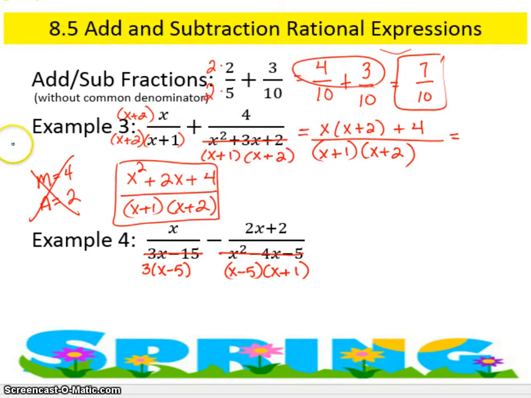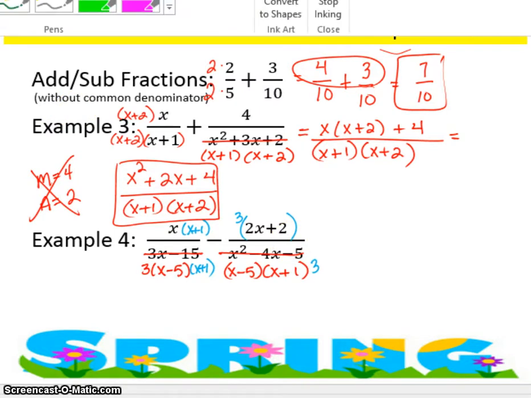We're going to put in an x plus 1 because it's missing that. And so we're also going to put one on the top. Now they're still not the same because the first one has a 3 and the second one doesn't. So we're going to multiply in a 3 over here and we have to multiply a 3 in over here. Okay, that's getting the common denominator.